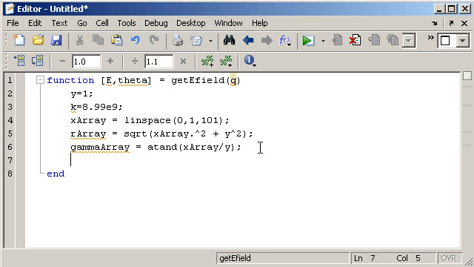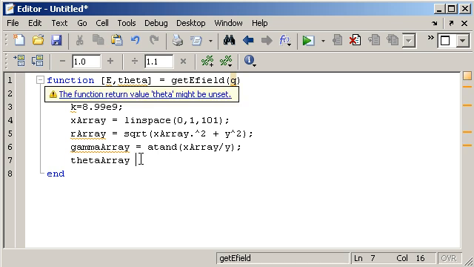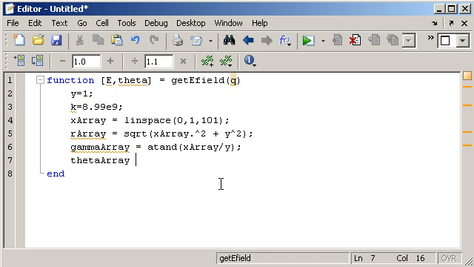Okay, so that gives me that, and then the theta array. So that's a different variable name than just the theta that I'm going to use for my final answer for the actual direction of the total electric field. But the theta array, I think it is just the gamma array plus 90 degrees.